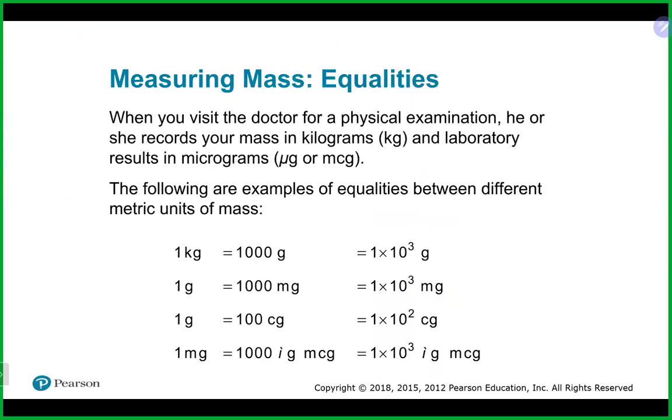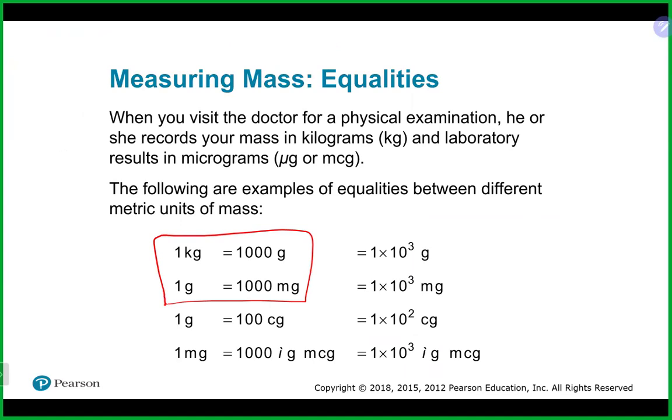Now, mass. Some very common equalities we have in mass: 1 kilogram is 1,000 grams, and 1 gram is 1,000 milligrams. Those two are very, very commonly used in chemistry.